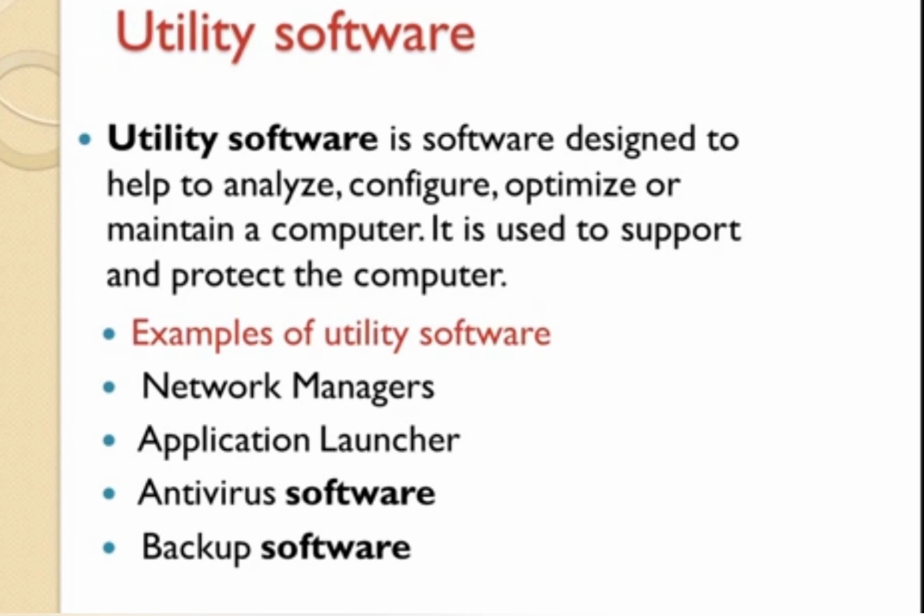There was some time ago that I mistakenly deleted a very important picture. I just went to my backup software and I was able to retrieve that picture. So that is one of the features of the utility software. You cannot see them, but they are working. That is why I call them the machine.